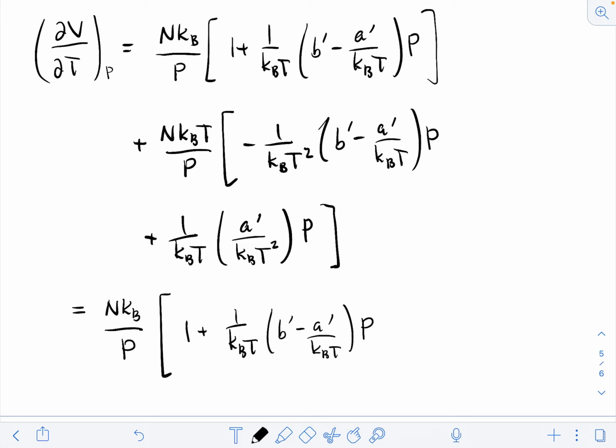What I'll do is I'll take this temperature factor that's out front and distribute that temperature.